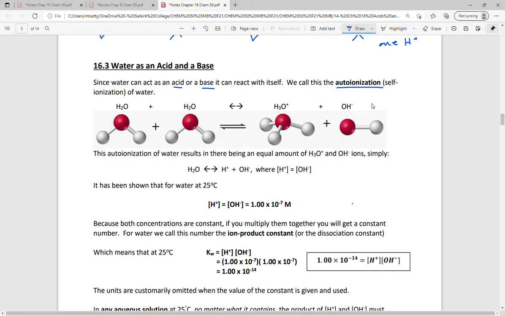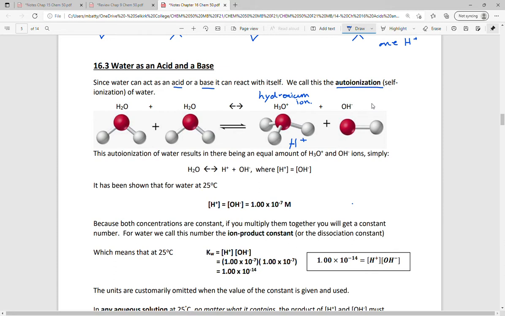So at any time, if you have a glass of water on your table right now, some of it is H2O, some of it is that hydronium ion, if you remember that one. And so hydronium ion, what we were talking about is really just H+. And some of it is a hydroxide anion.